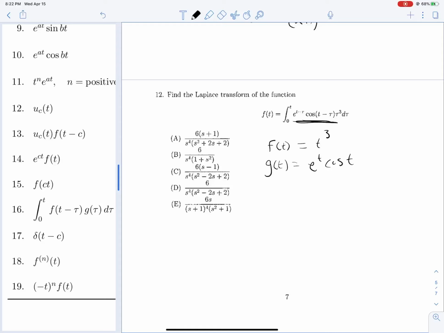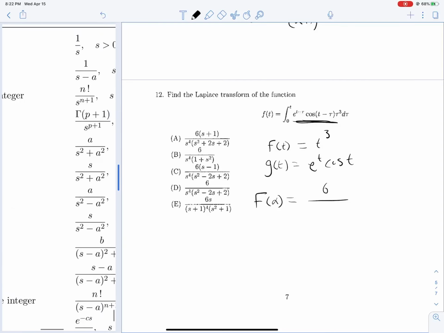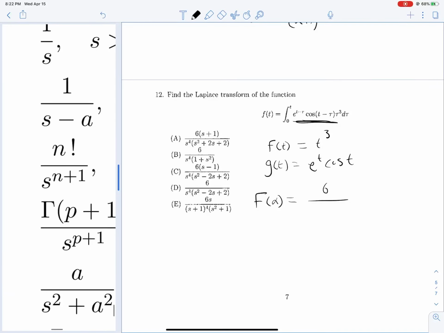And blah, blah, blah. We know the drill. We got to find these Laplace transforms. The Laplace transform of f of t is F of alpha. That will be n factorial, so 3 times 2 times 1, 6, all divided by, and I'll go show you the formula, there it is, all divided by s to the n plus 1, so alpha to the 4th.